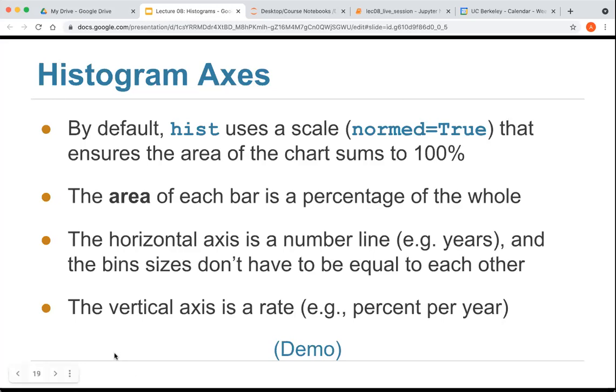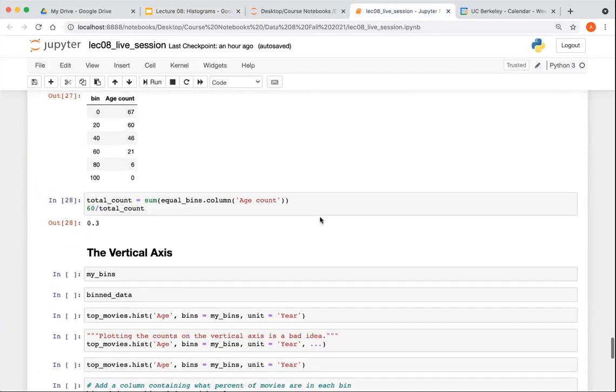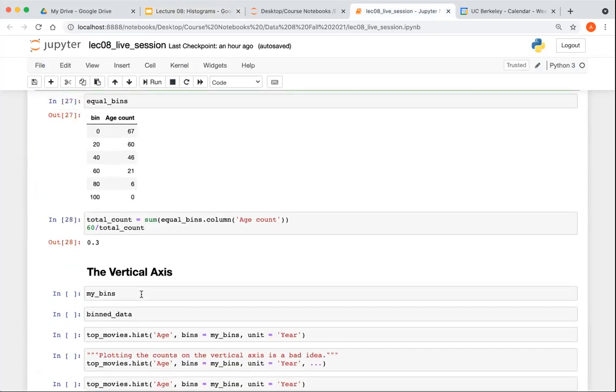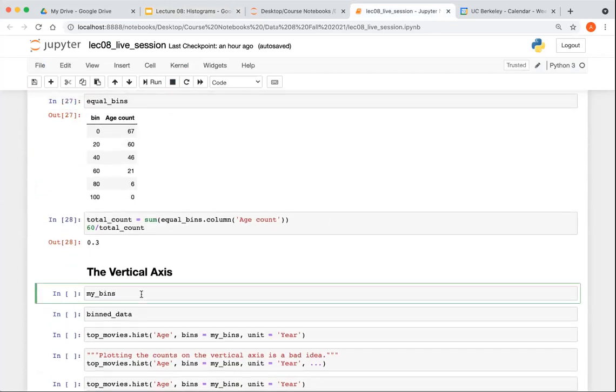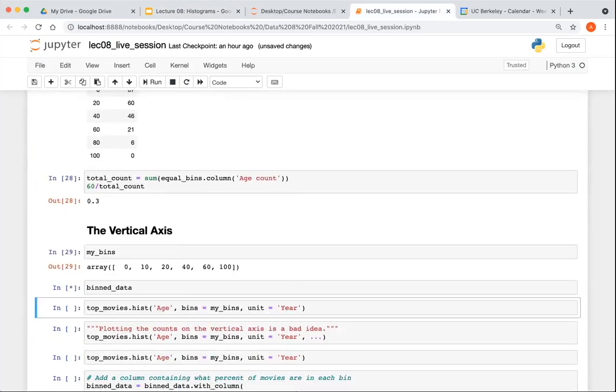Let's take a look whether I want to go to a demo here or not. Okay. So what we're going to do is look at this in the context of unequal bins, though exactly the same thing happens if you are using equal bins.